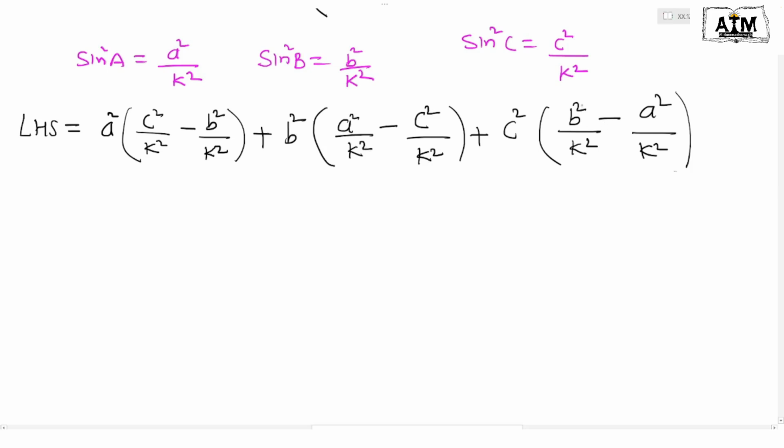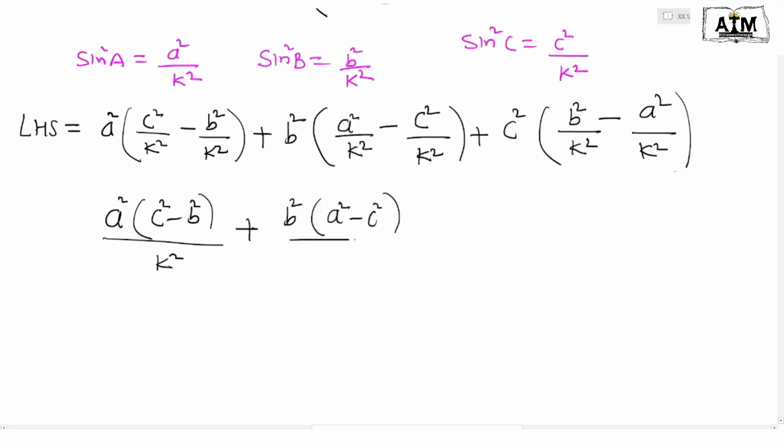In the third bracket, b square upon k square minus a square upon k square, multiplied by c square. Everywhere k square is there. So this can be written as a square multiplied by c square minus b square divided by k square, plus b square multiplied by a square minus c square divided by k square, plus c square times b square minus a square divided by k square.